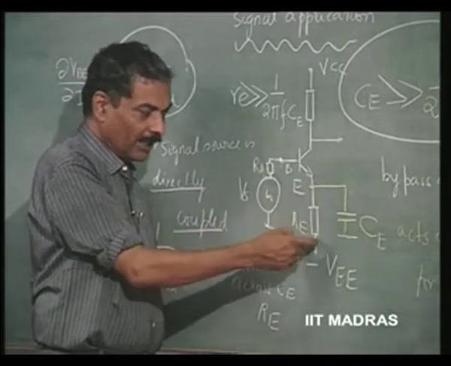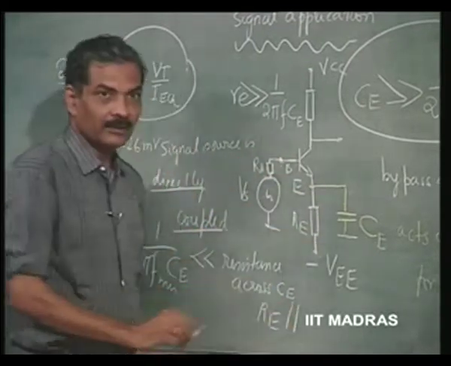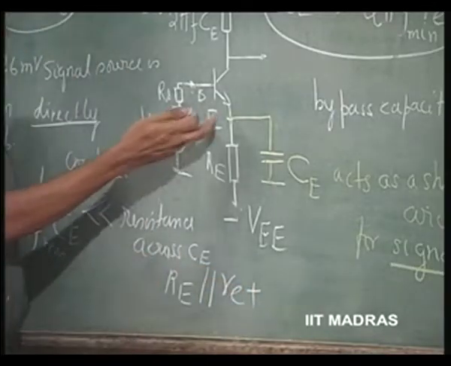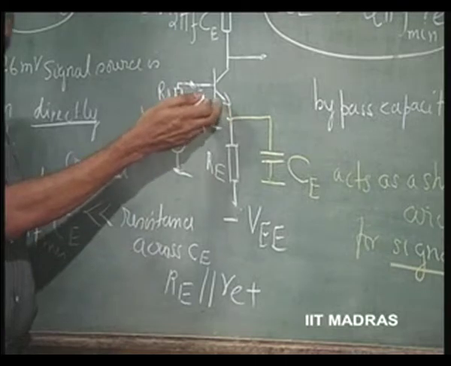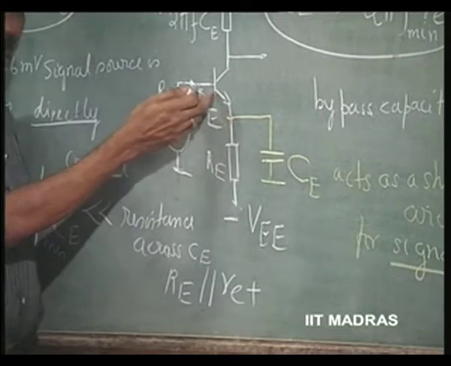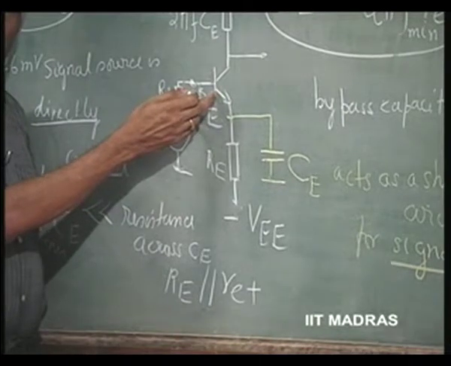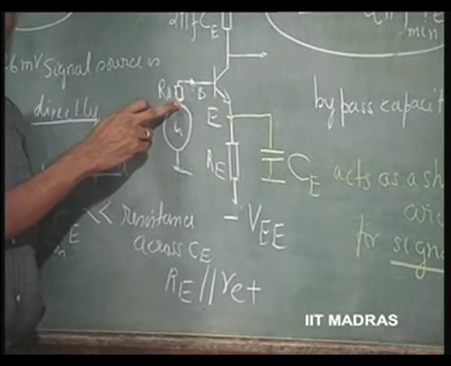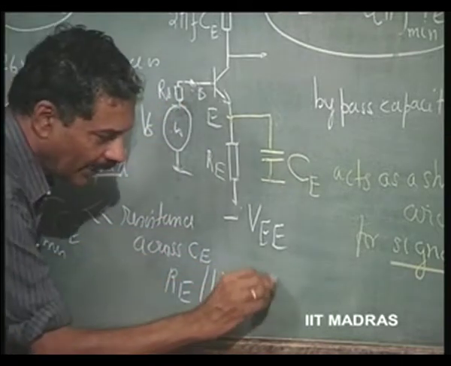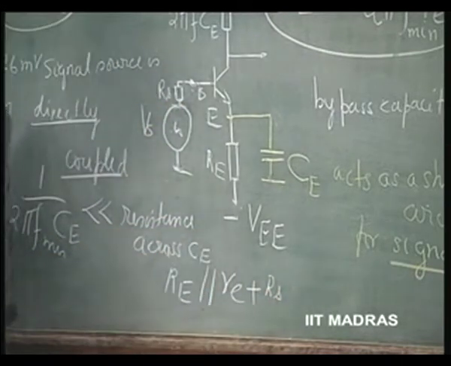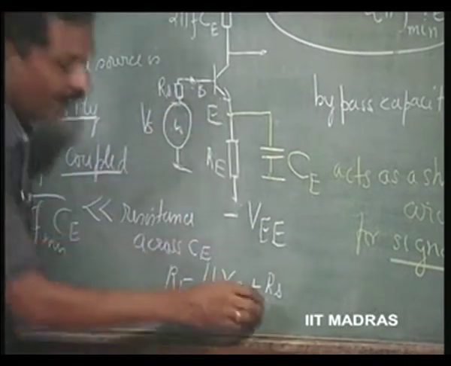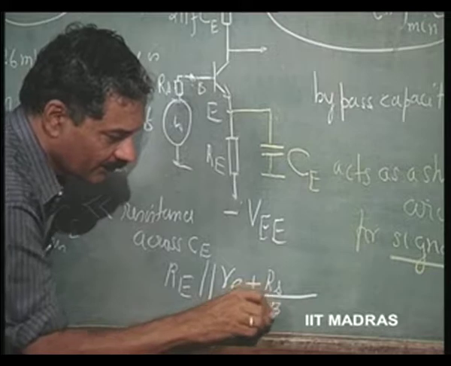So, capital Re parallel small re, and if the source has resistance, then Rs divided by beta plus 1.